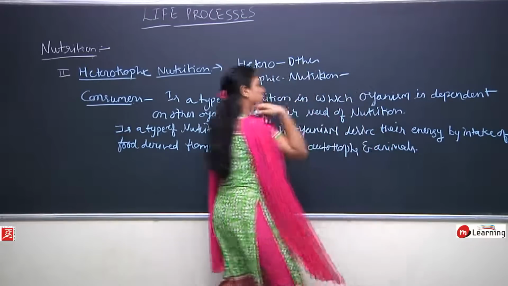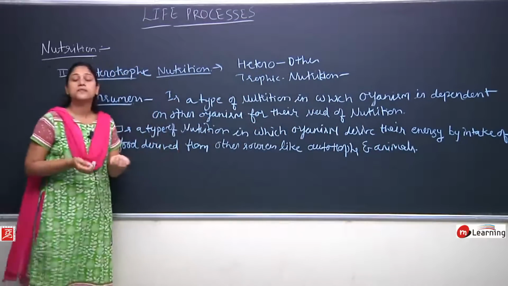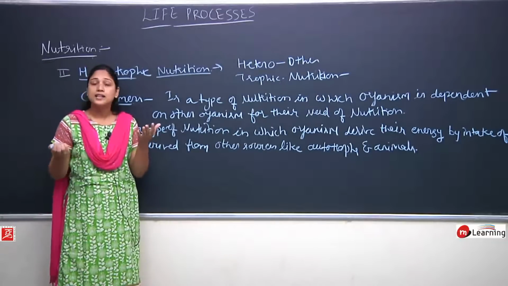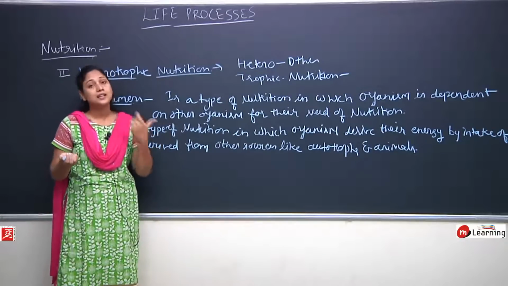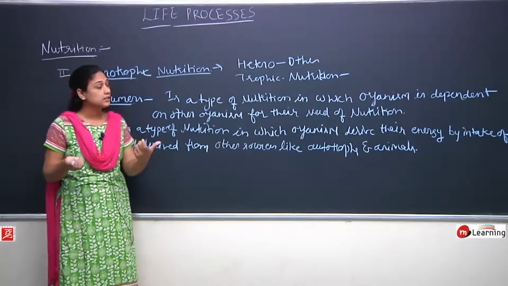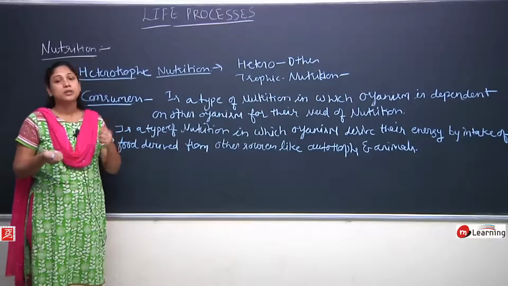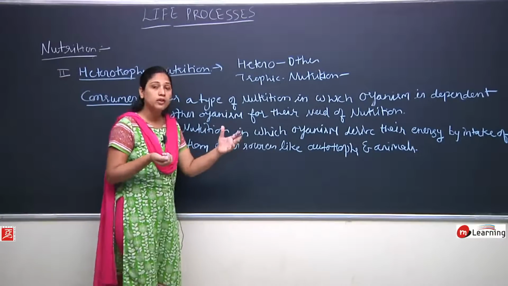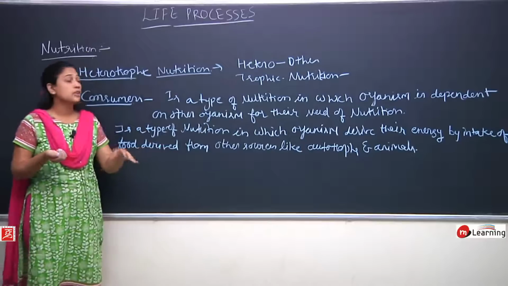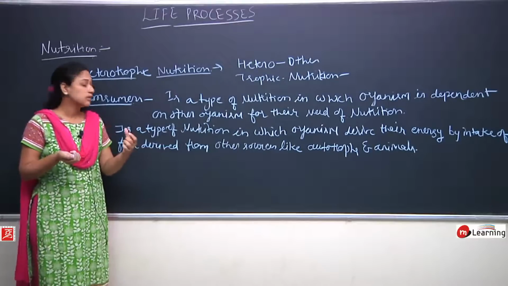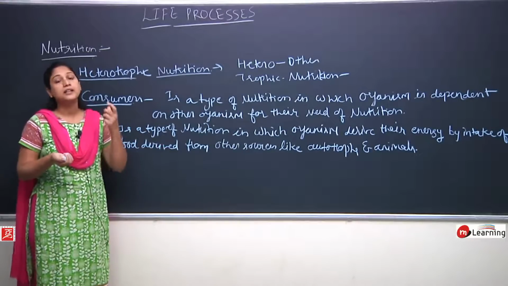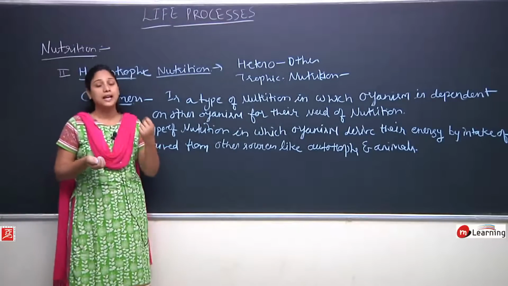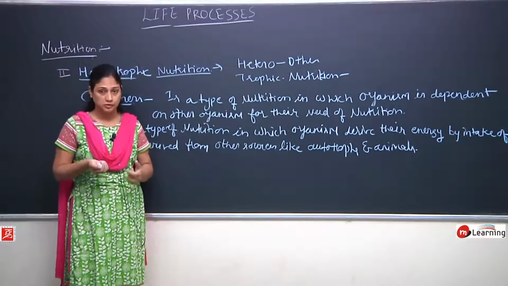Heterotrophs derive their energy because they need energy for all their biological activities. To produce energy they take food from the autotrophs or other animals, and then they derive their energy. So in the heterotrophic mode of nutrition, the organism is dependent on other sources of nutrition.